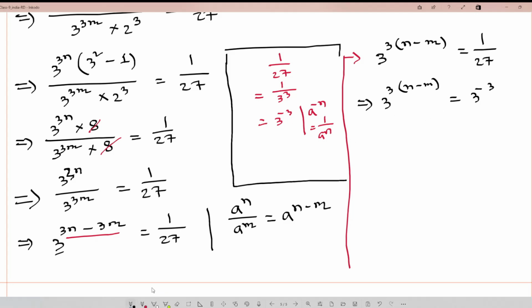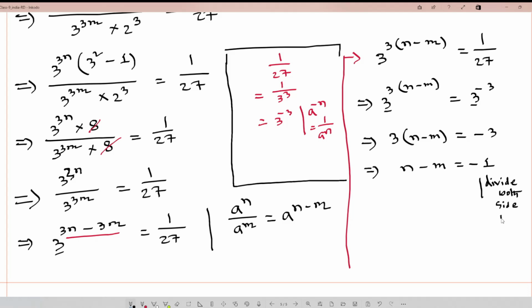Similarly, look, here the bases are the same, therefore the powers will be equal. So here is 3 times n minus m equals minus 3. We can divide both sides by 3, so n minus m equals minus 1. If you want, you can write a side note: divide both sides by 3.